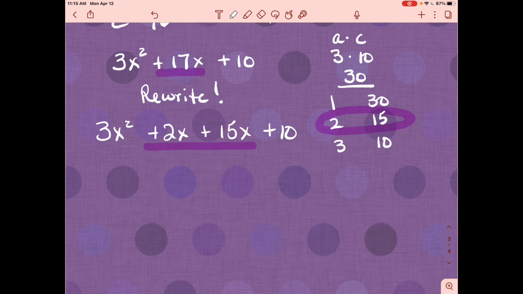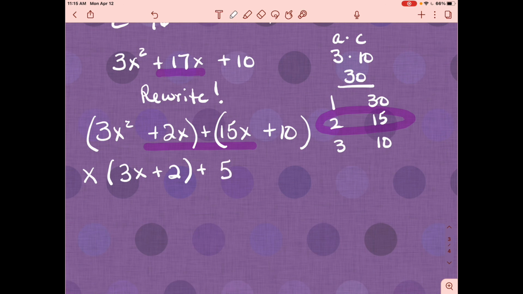And then we're going to throw parentheses on our 2 pairs. See if there's anything common that we can factor out. Just an x. I'll have 3x plus 2. Go ahead and use the distributive property if you can't see that. And then over here in the last part, we're going to factor out a 5. And that leaves behind a 3x plus 2.